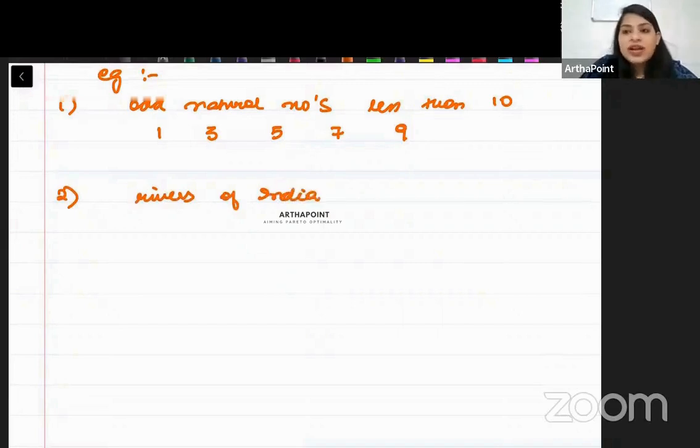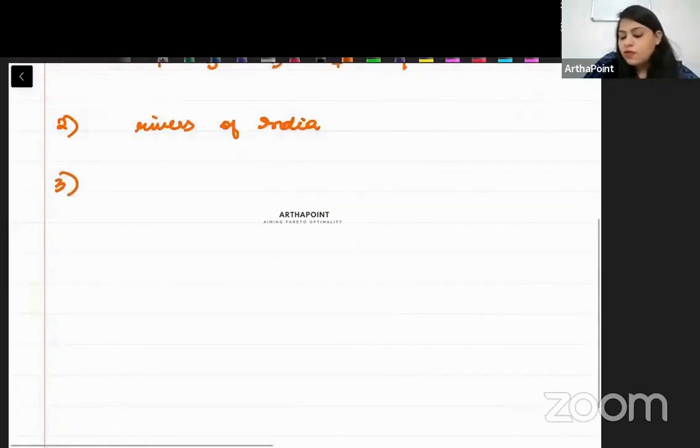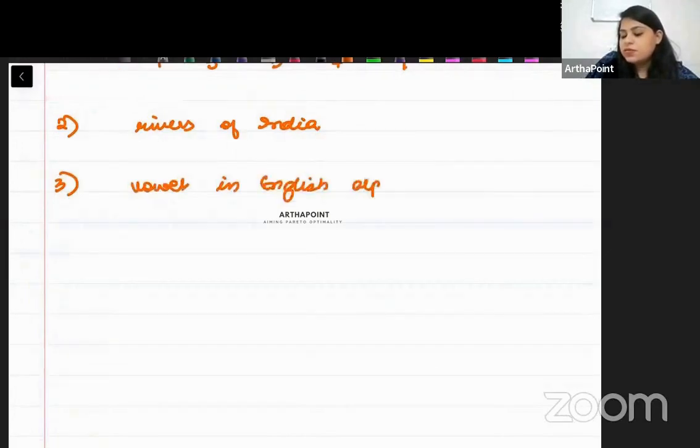If I collect all the rivers in India, that is also a set, right? Third, a collection of vowels in the English alphabet. Beta, A, E, I, O, U. If I collect these vowels, that is also a set.